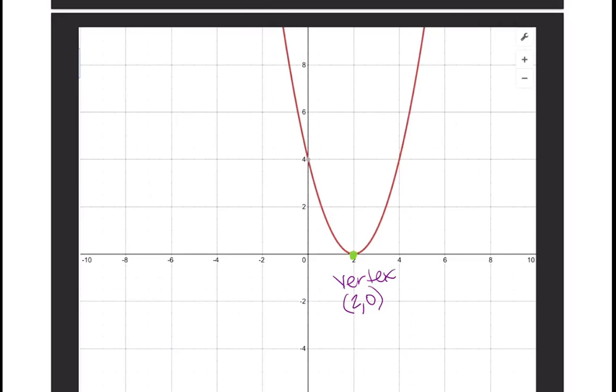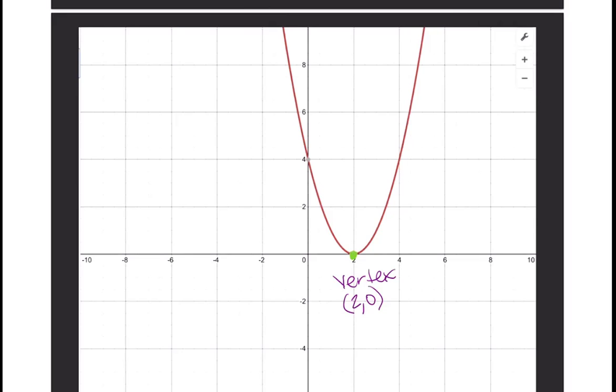The other thing we need to come up with is our line of symmetry. And what does symmetry mean? Symmetrical, the same. So where do you flip it over and it's the same? Absolutely. All parabolas will have a line of symmetry where it's going to be the same on one side as it is on the other.